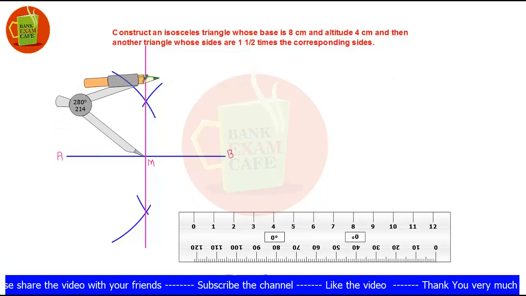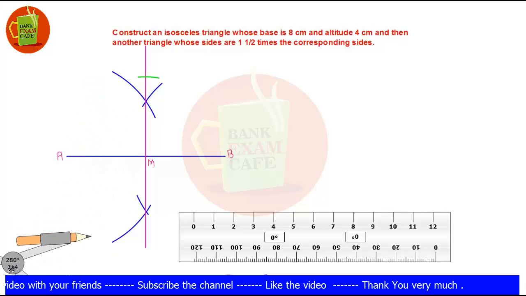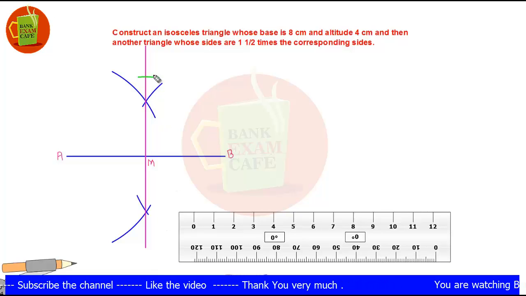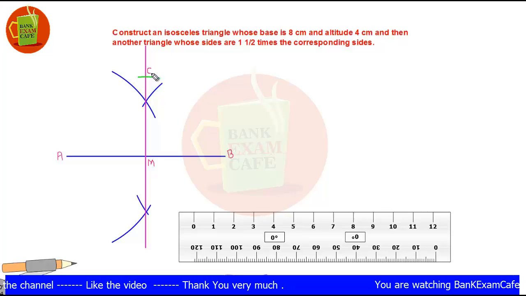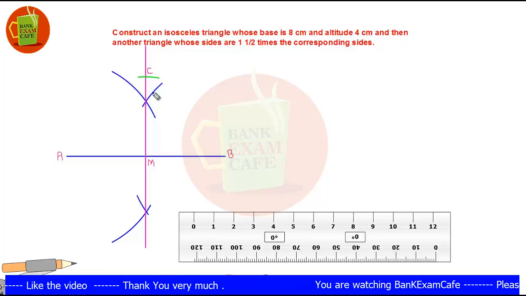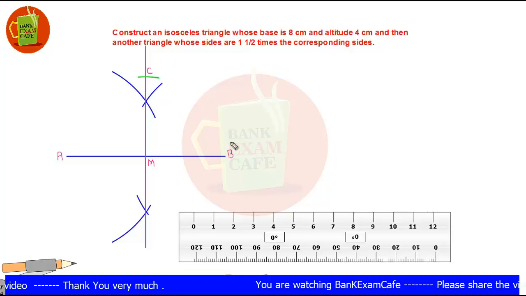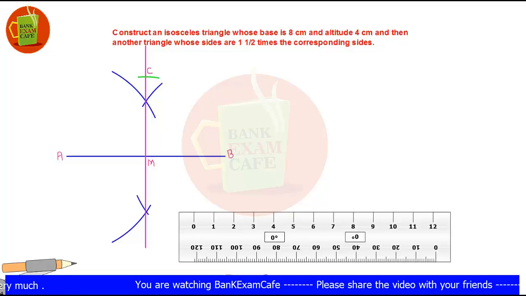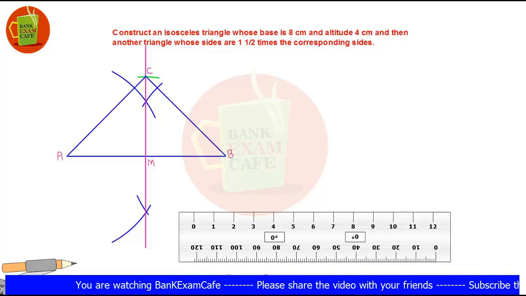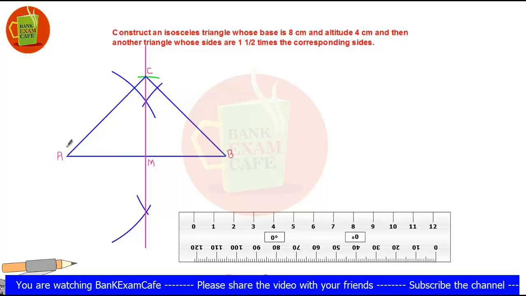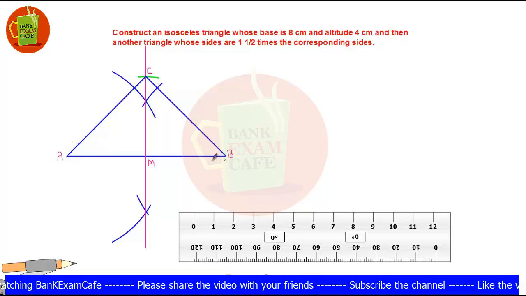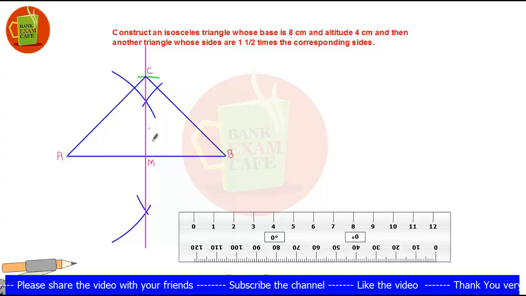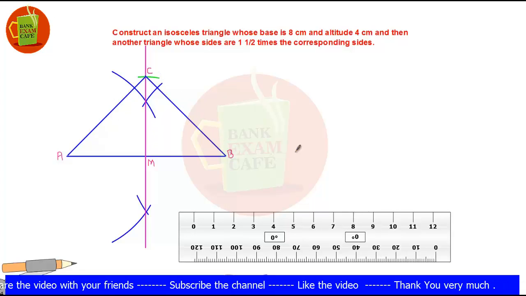Let this point of intersection be C. Now join CA and CB. And now we have got the triangle ABC, which is an isosceles triangle whose base is 8 cm and the altitude is 4 cm. AC is equal to BC.